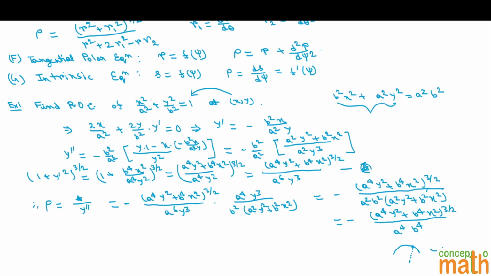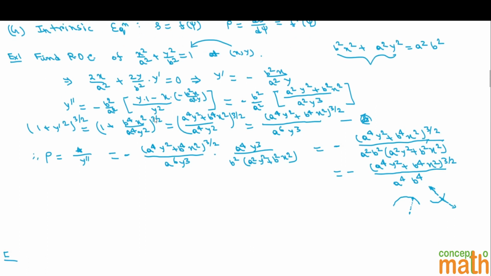But suppose the curve is like this. Then the radius of curvature will be in this direction, in the direction of bending. But if we measure positive length in this direction, then this will be negative length, right?